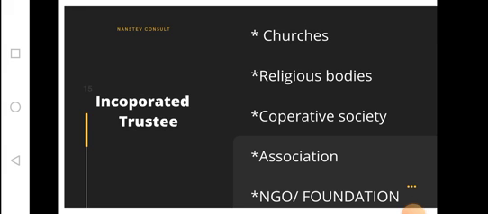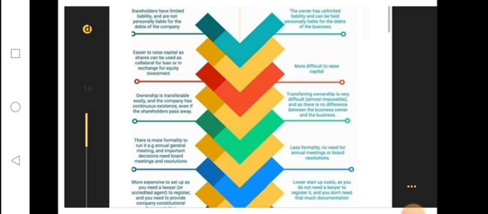Then what are the differences between the business name and the limited liability company? Don't forget, we are still talking about which category is ideal for me. Now I've categorized it under the CAC specification. Now I want to give you advice, the difference between them, the pros and cons of the two, so you can make a decision.